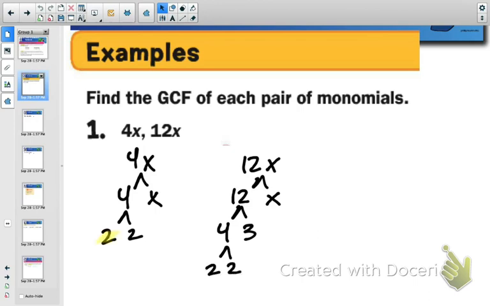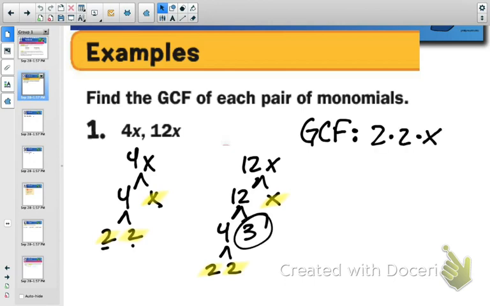They have 2 and 2, and they have an x. All of those are going to be our GCF. We're going to multiply them all together, so 2 times 2 times x. We're really just leaving out that 3. That comes out to be 4x. So 4x is the greatest common factor of both of these, and it's just a coincidence that the original factor was 4x as well.